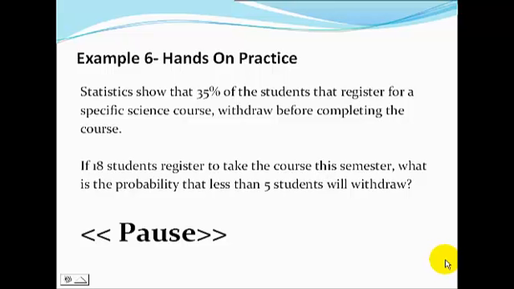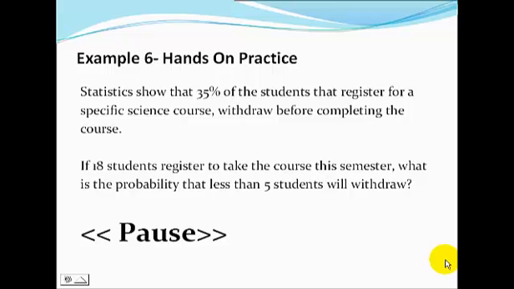Example 6, hands-on practice. Suppose statistics show that 35% of the students that register for a specific science course withdraw before completing the course. If 18 students register to take this course for this upcoming semester, what is the probability that less than 5 students will withdraw?